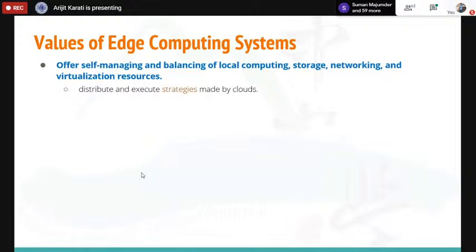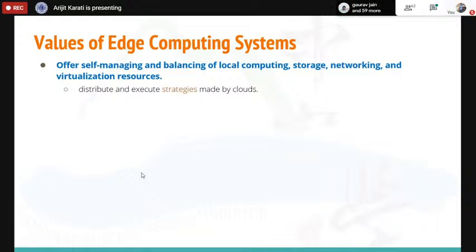Firstly, it offers self-management and a perfect curve of local computing, storage, networking, and virtualization resources. It could also distribute and execute the strategy made by the cloud, including managing devices, resources, and connections. Those can all be performed by edge computing. So that is the first value.